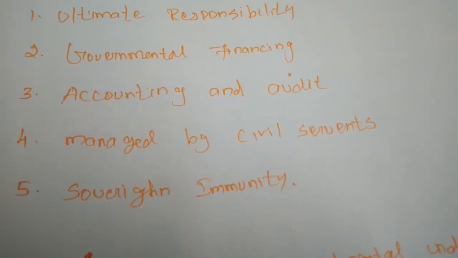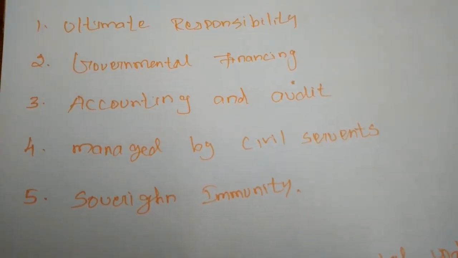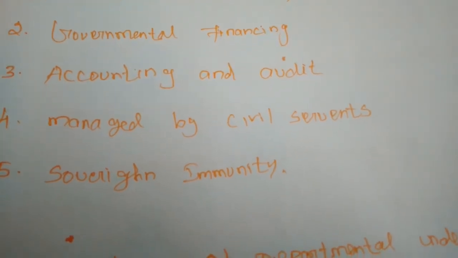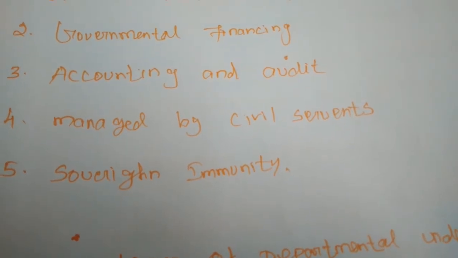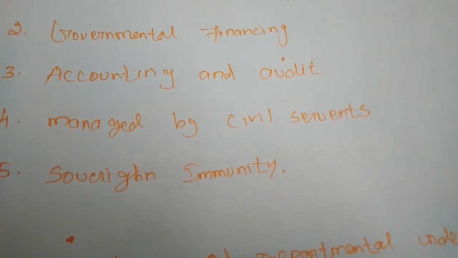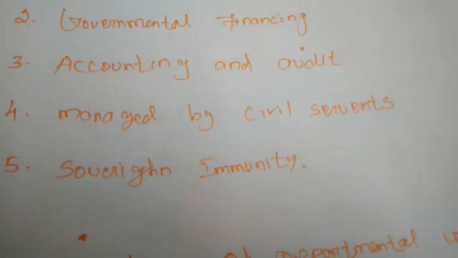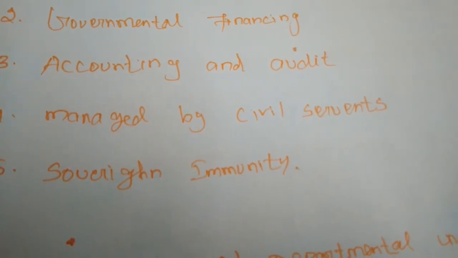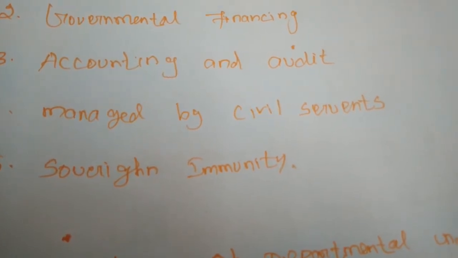For example, an IAS officer will have the thorough knowledge and specialized skills to manage one district. Like that, every departmental undertaking will be managed by civil servants, so the work and services will be very efficient and quick, and the services provided will be in a proper manner.